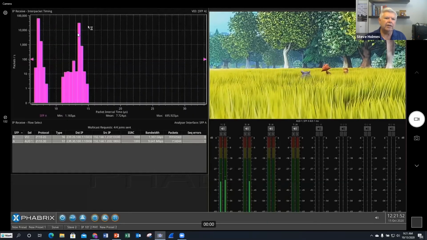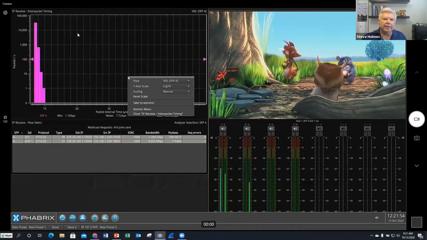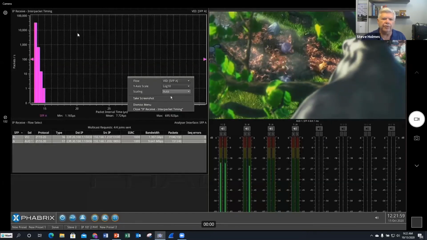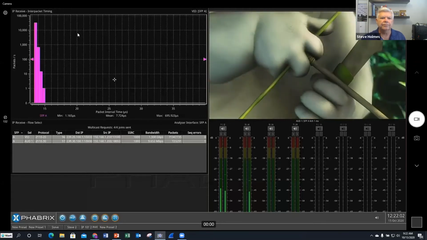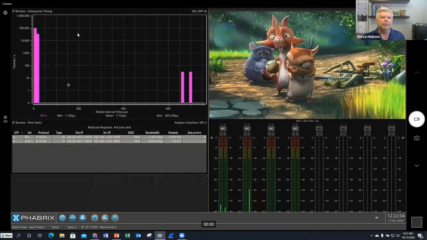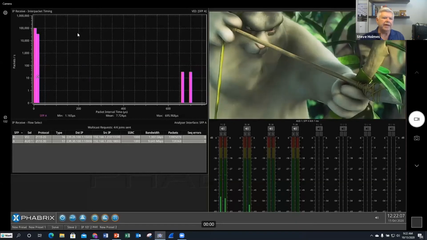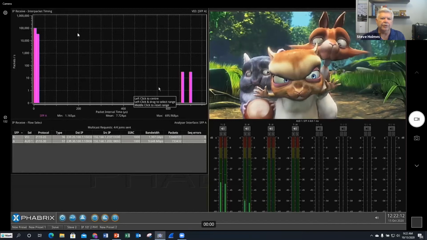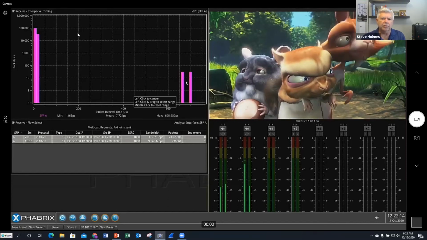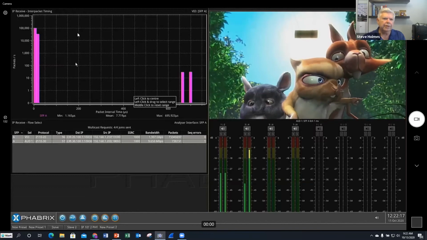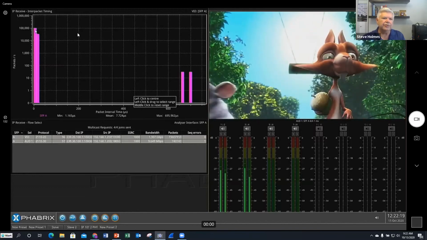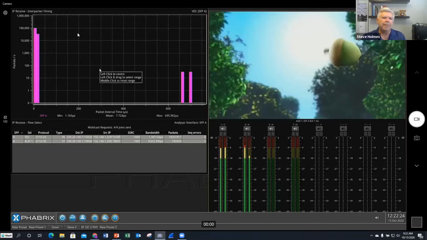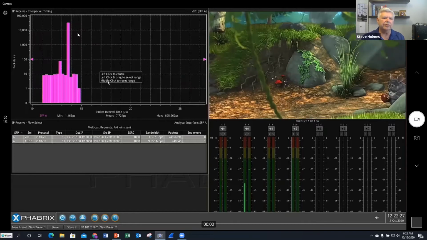If I double click on it, we'll make it larger and put the scaling back to automatic so you can see the whole thing. So here's my main data, where almost all the data is, the vertical interval, the start of field 1 and field 2. But really what I want to look at is these two little spikes, so I can zoom in on those two spikes and see the distribution.